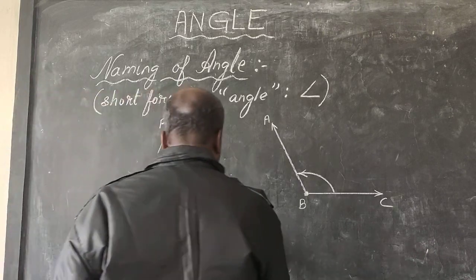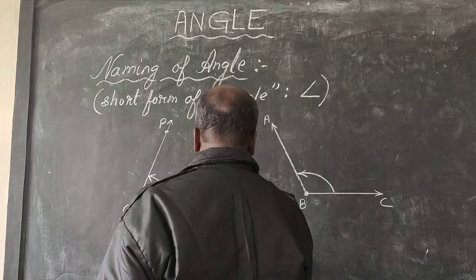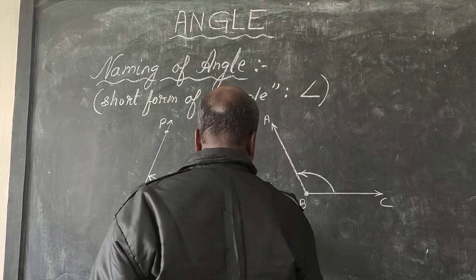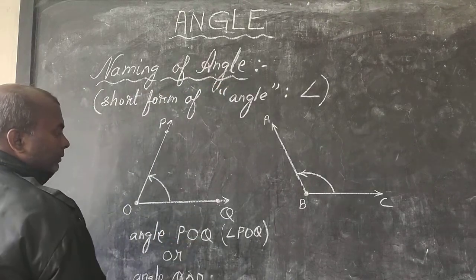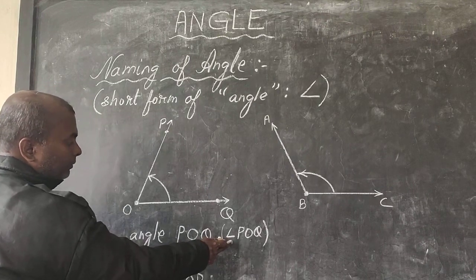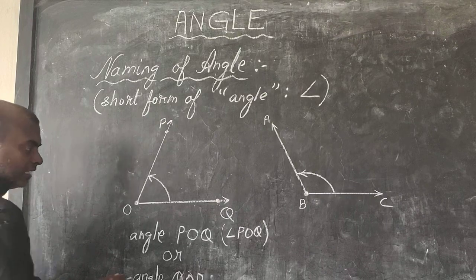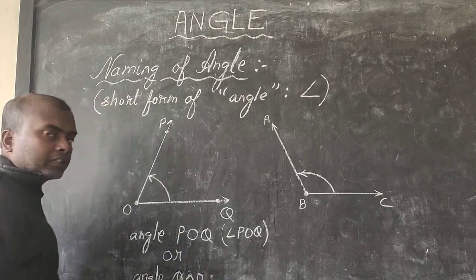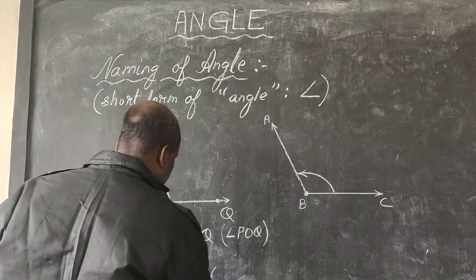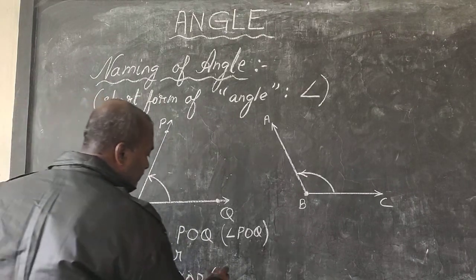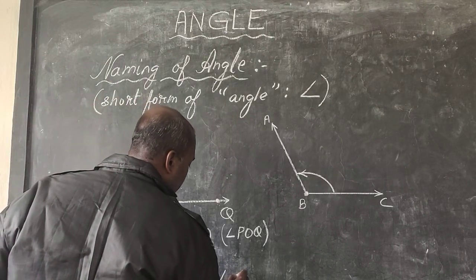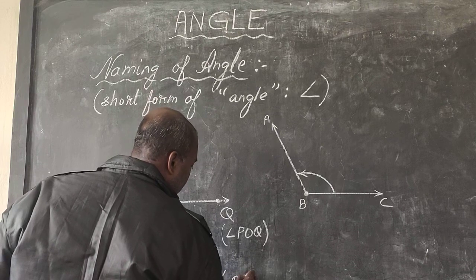And as I have said, you can write short form. Angle POQ can be written in short form. Angle's short form is this, and POQ. So instead of writing the word angle, we write the short form of angle. Similarly here also, instead of writing angle, give this angle symbol and name of the angle.